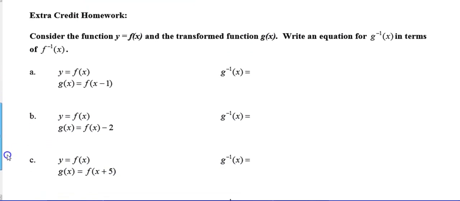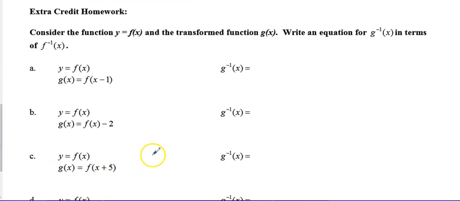This little piece here is called extra credit homework. It says, consider the function y equals f of x and the transformed function g of x. So pay attention to the names, right? Because here's f and here's g. Those are two different functions. It says, write an equation for g prime, or inverse. So this is the inverse, also called g prime, in terms of f prime.